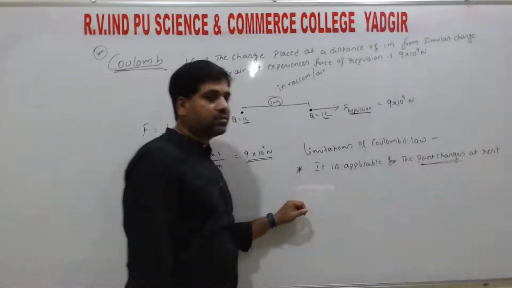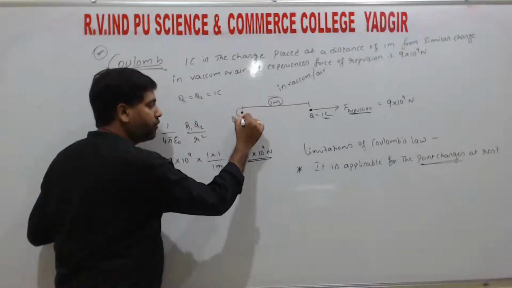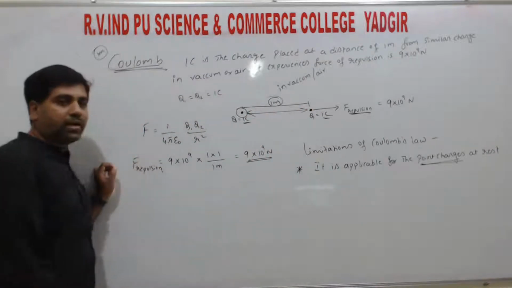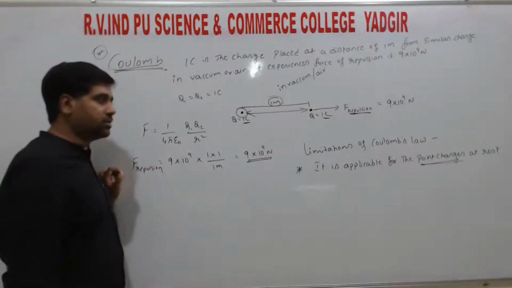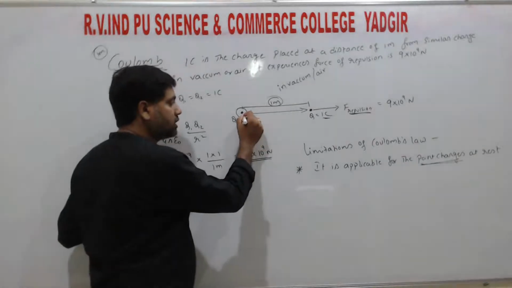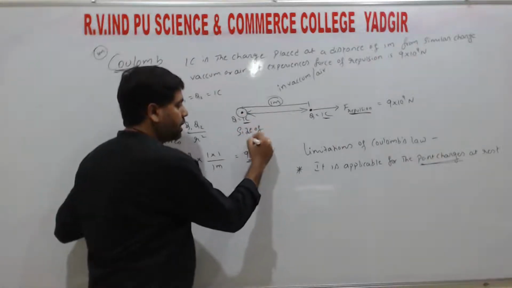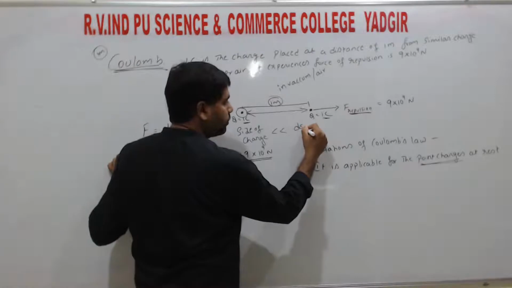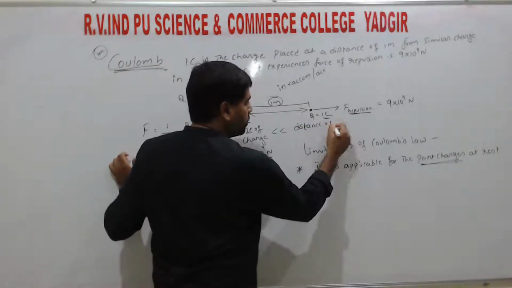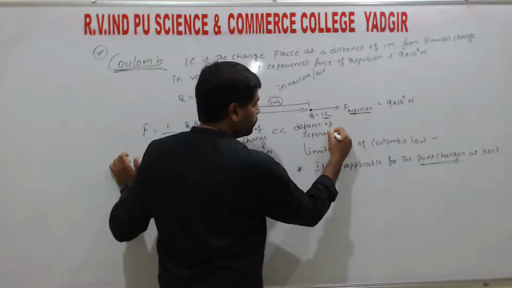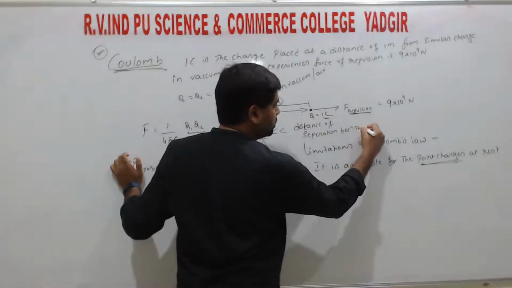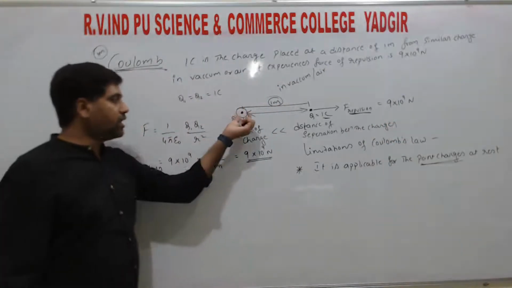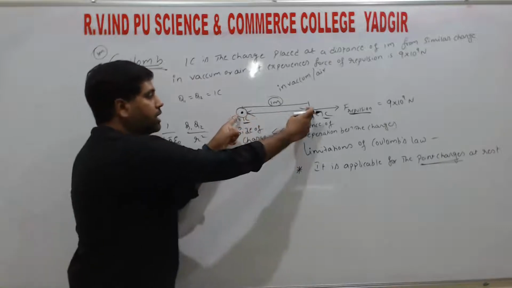A point charge is one where the size of the charge is very small compared to the distance of separation between the charges. That means the size of the charge is very small compared to the distance.